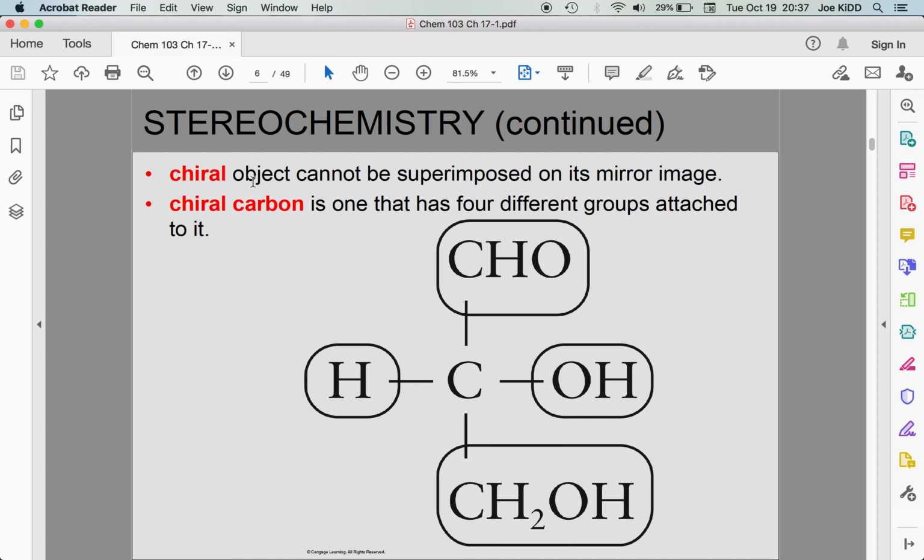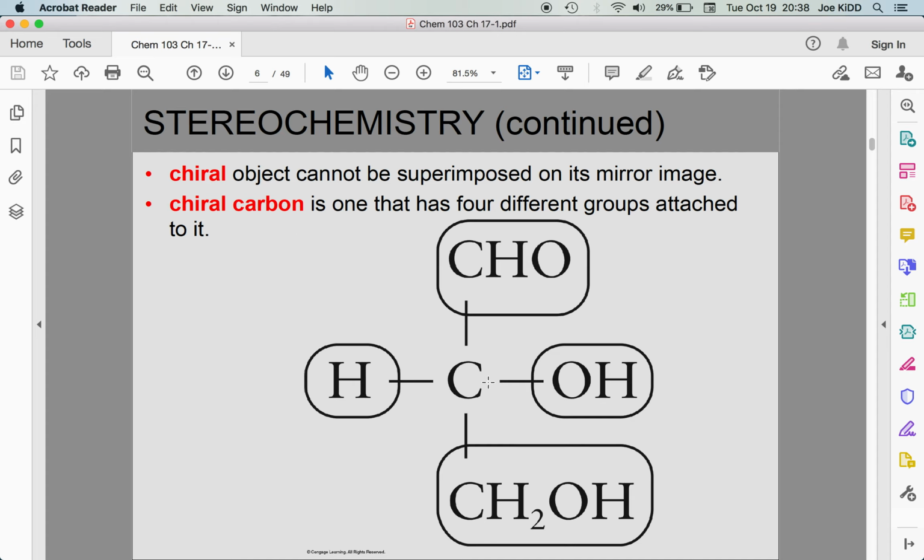Your shoes, your hands, lots of objects could be chiral, but we're going to be particularly talking about compounds. And to identify compounds as chiral, we need to have at least one chiral carbon in them.